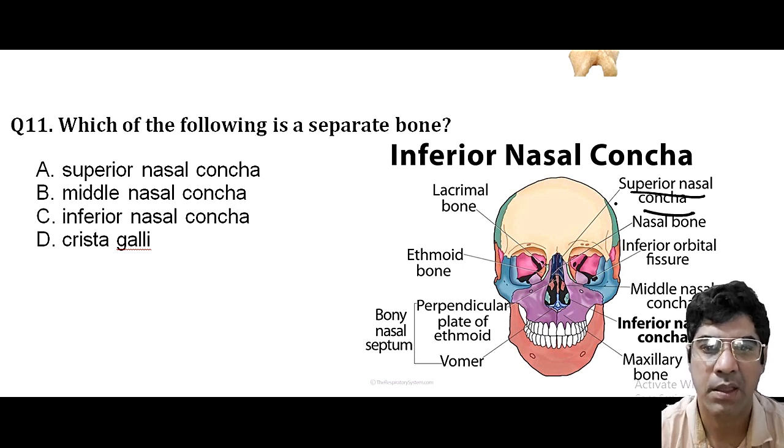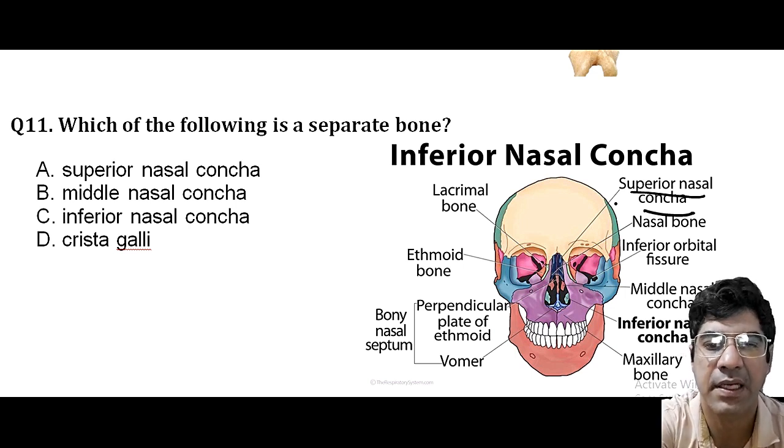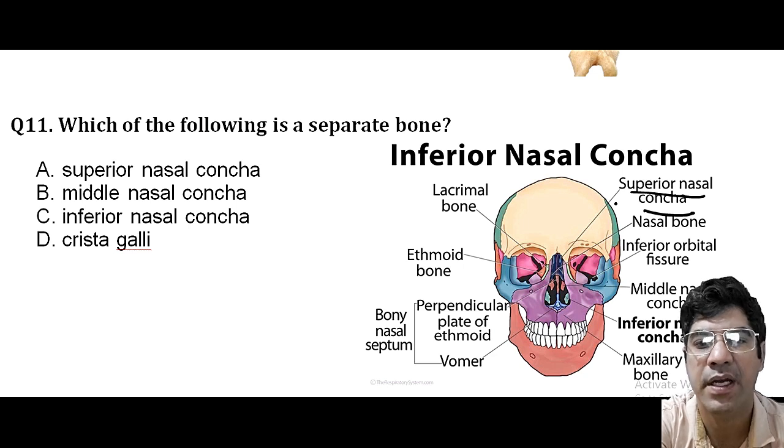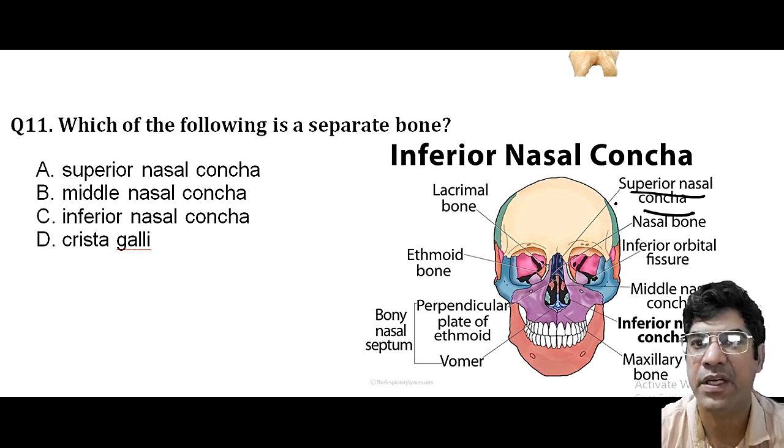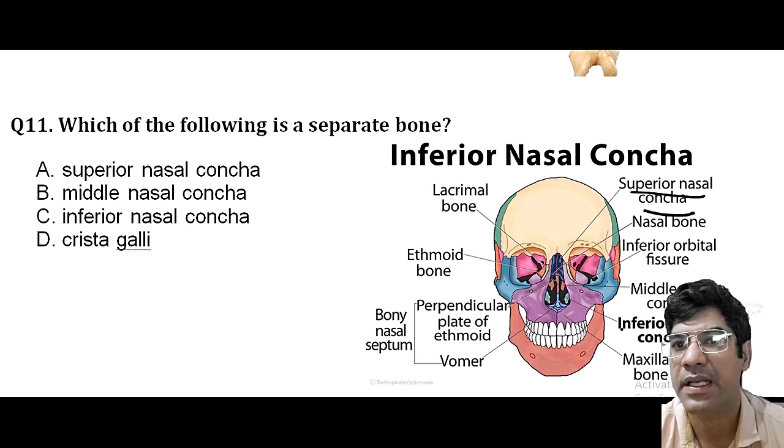So the middle nasal concha along with the superior nasal concha helps to increase the surface area within the nasal cavity to improve the air conditioning, whereas the inferior nasal concha is a separate bone. There are two inferior nasal conchae, one on each side of the nasal cavity.